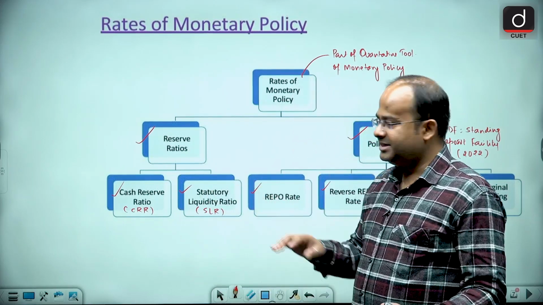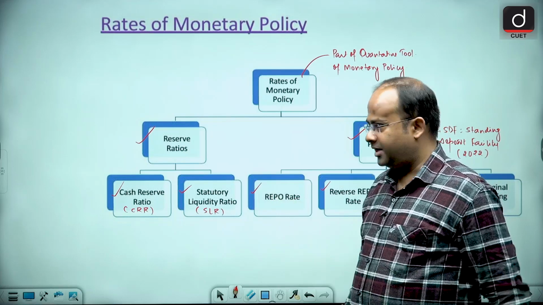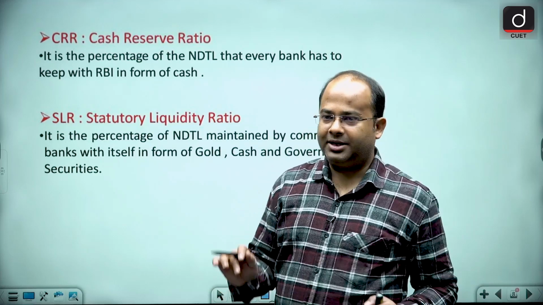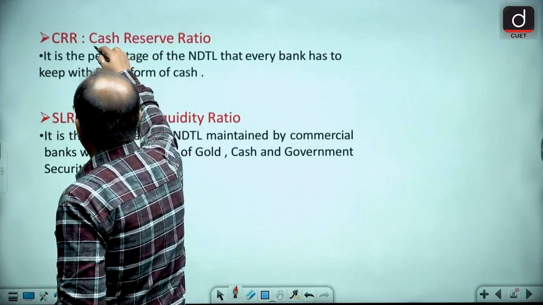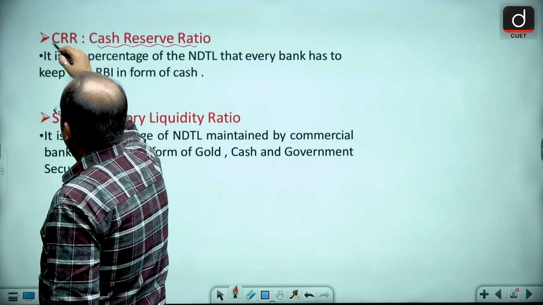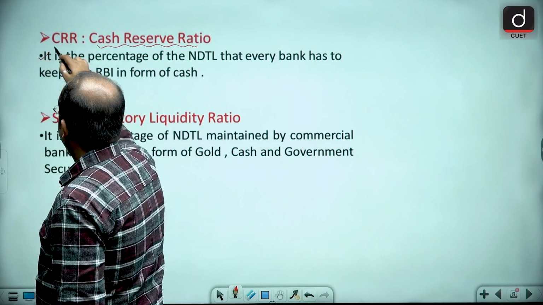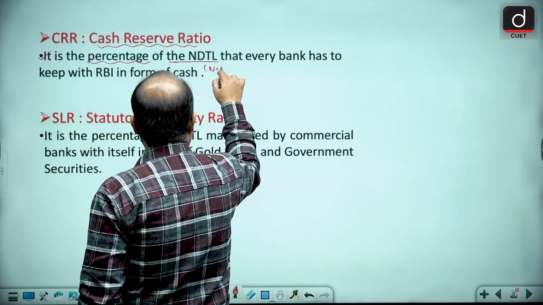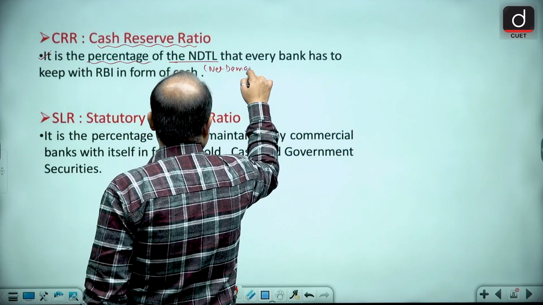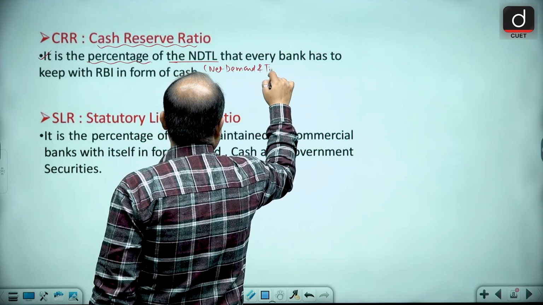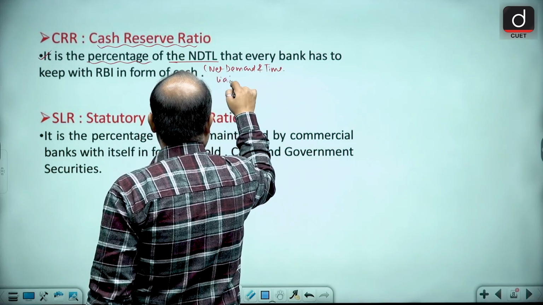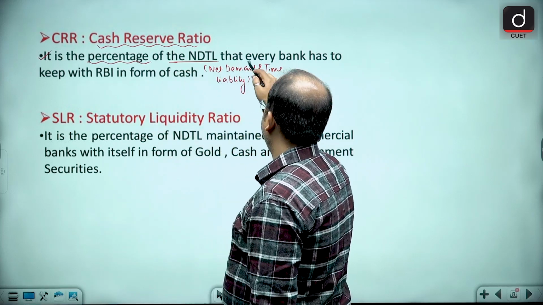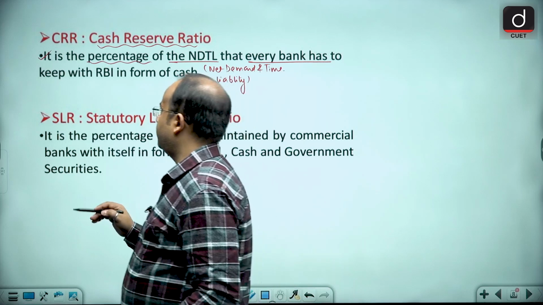Now, first of all, guys, let's start our discussion with the cash reserve ratio. First of all, what is CRR? CRR stands for cash reserve ratio. So what is it? It is the percentage of NDTL, which stands for net demand and time liability, that every bank has to keep with RBI.